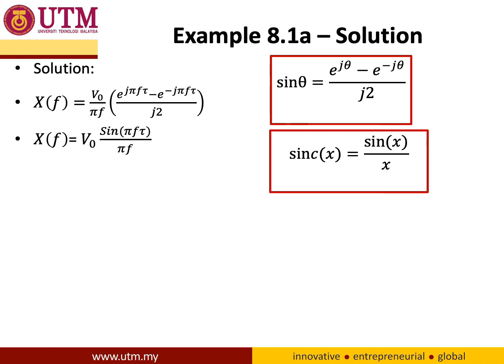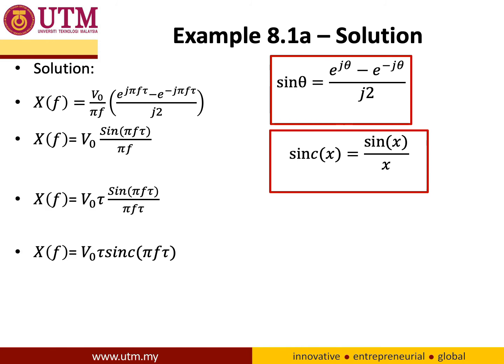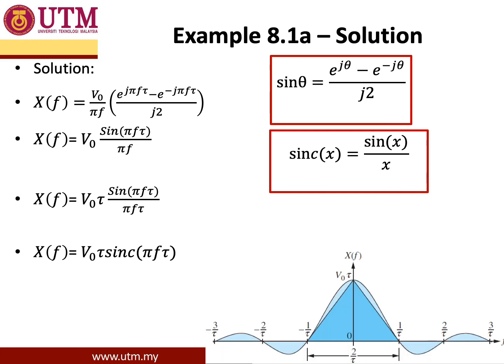And we also know that sinc x equals sine x divided by x. So let us rearrange the equation into the sinc function. And when we rearrange the equation into sinc function, finally we have X(f) equal V naught tau sinc pi f tau. And this is illustrated in the figure shown in the slide.